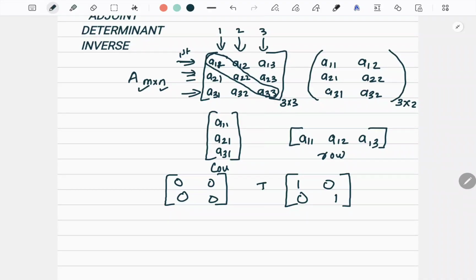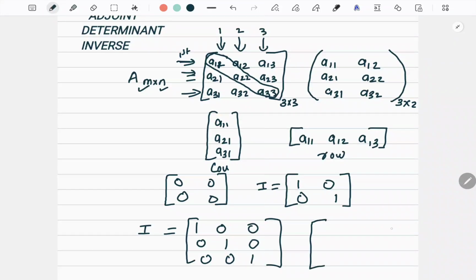Then it is called the identity matrix and it is represented by I. So I can write a 3 cross 3 identity matrix like this: 1 0 0, 0 1 0, 0 0 1. Right? It plays a very important role and is used in many properties. So identity matrix is a very important concept. Along with that, you have the diagonal matrix also, where the diagonal will have certain values, but the remaining elements will remain 0. So this is called the diagonal matrix, right?